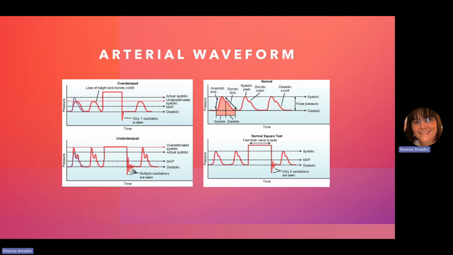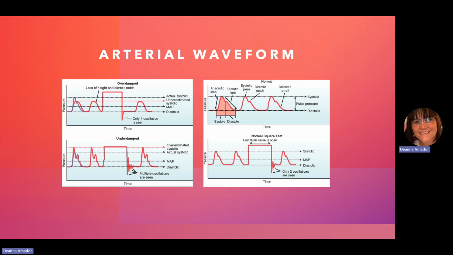Over here in the right hand lower corner, it shows that pulling of the pigtail goes across and then you let go of it and it bounces. There's two little bounces there. That is a normal oscillation. If you only have one bounce, which is up here, that is a very dampened or overdampened waveform.